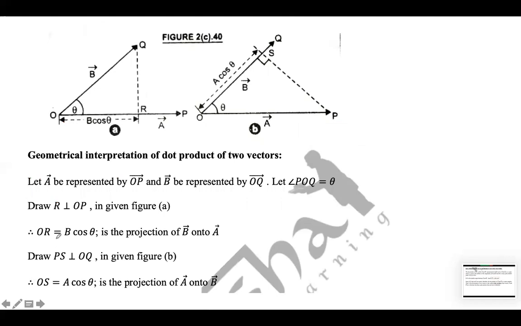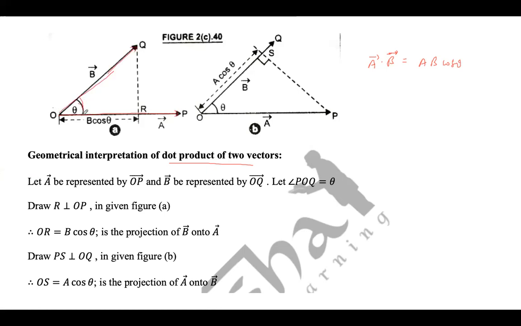So if you understand the geometric meaning of the dot product of two vectors: when you say A dot B, this is the magnitude of vector A, the magnitude of B, and the cos of the angle between A and B. So let's say this is vector A and this is vector B, right?